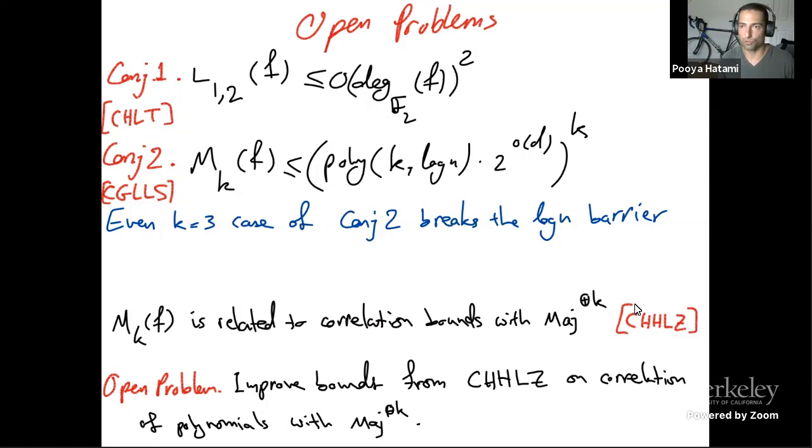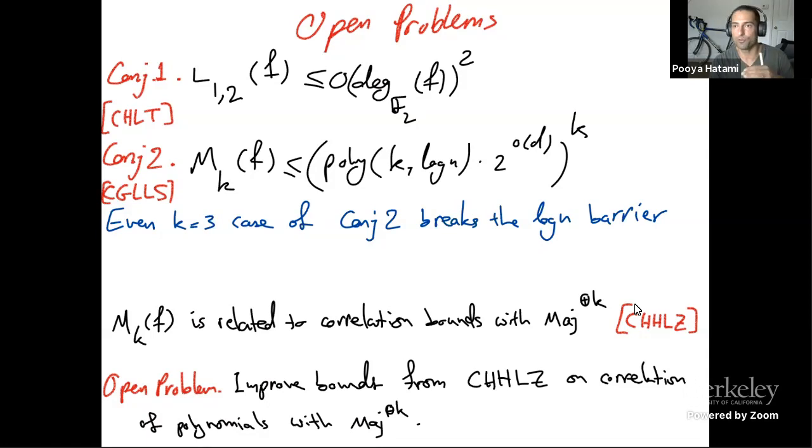And if you could prove an XOR lemma for this kind of correlation bound, then you would get a bound for MK of F. And in a recent paper, we had some method of proving these kinds of bounds, like XOR lemmas for majority.